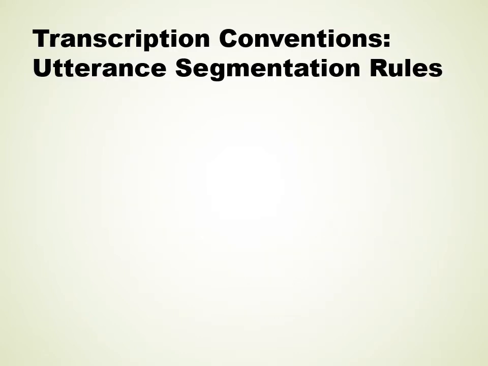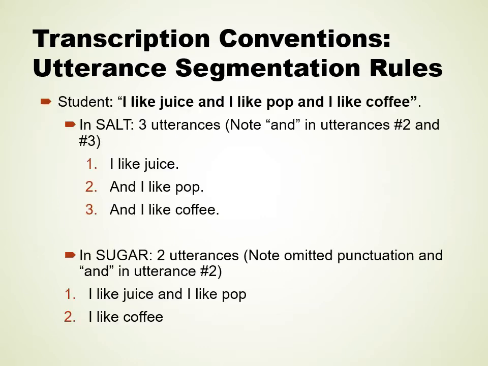There are also some differences in how utterances are segmented between SALT and SUGAR. So let's look at the student utterance, I like juice and I like pop and I like coffee. In SALT, this would be 3 separate utterances. So these are 3 independent clauses, and you'll note below that SALT includes the and to connect these clauses.